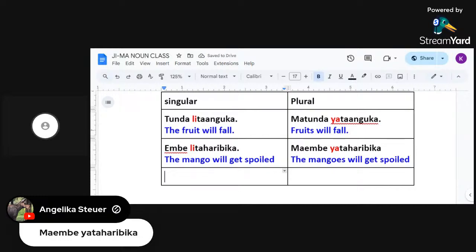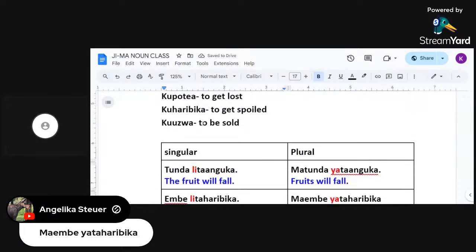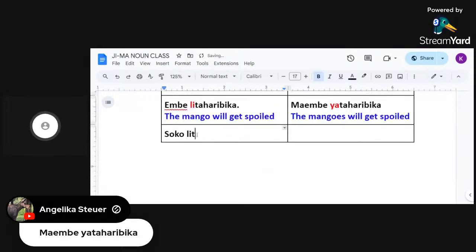Okay, so we have here soko, the market. Soko, we'll use the word kuuzwa, to be sold. Soko litauzwa. The market will be sold. If there are many, we will say masoko. Masoko yatauzwa. The markets will be sold.